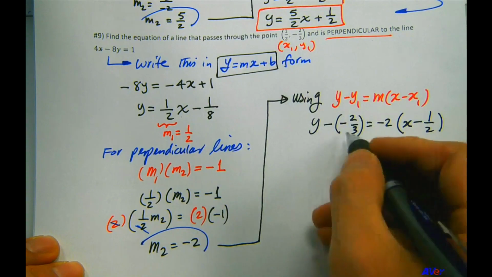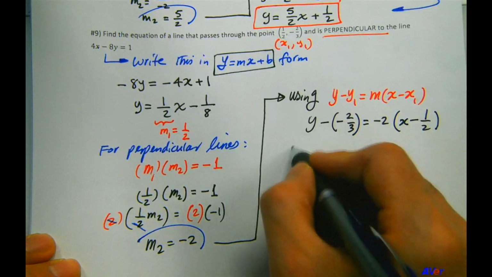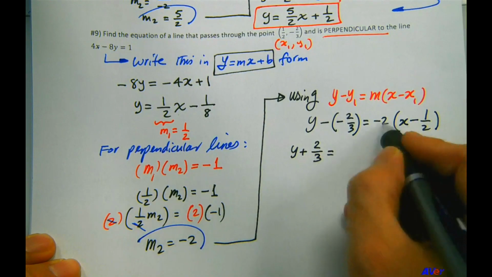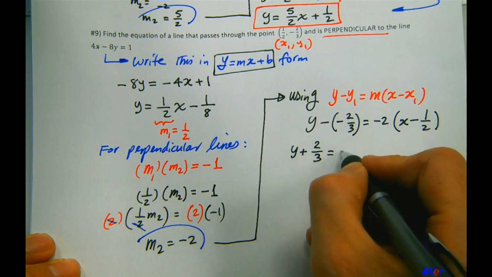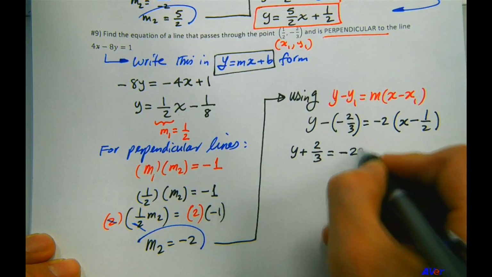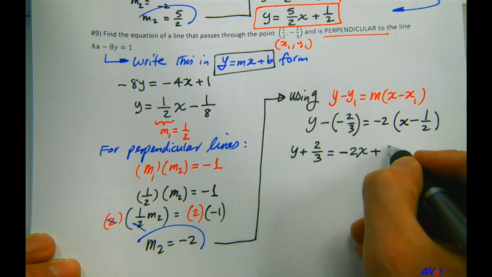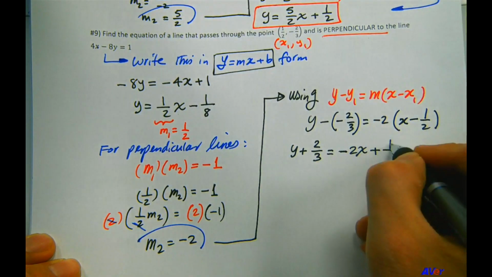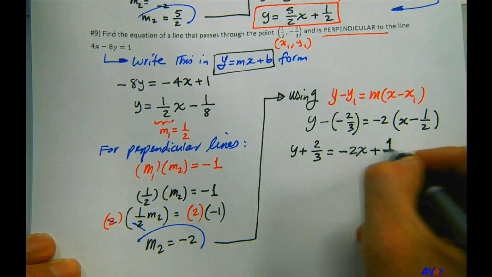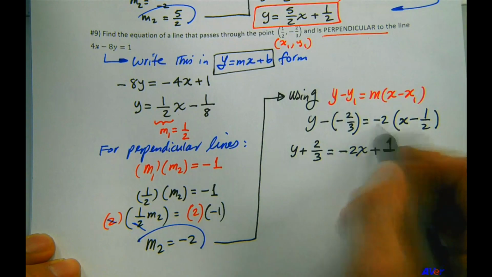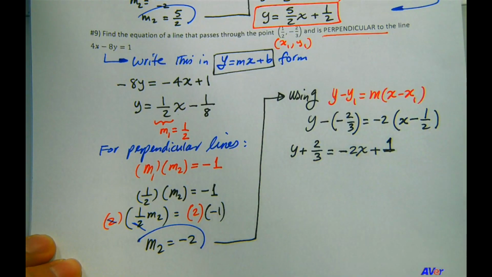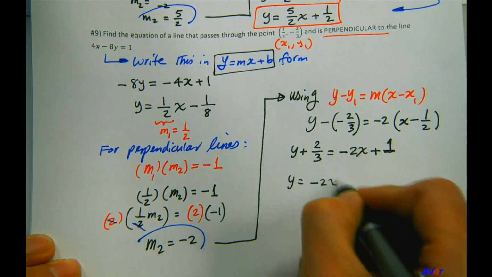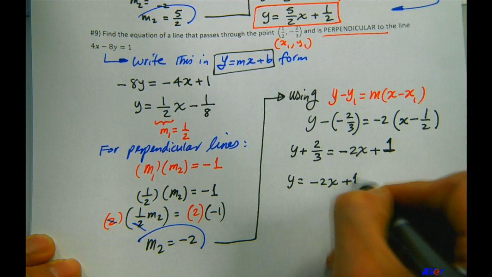So let's simplify. We have minus negative 2/3, so it's positive 2/3, equals, let's distribute the negative 2 inside the parentheses. So minus 2x plus negative 2 times negative 1/2, which is positive 1. So y equals minus 2x plus 1.